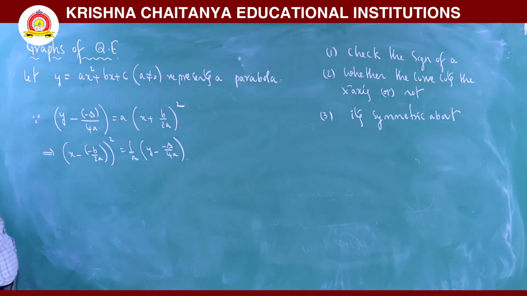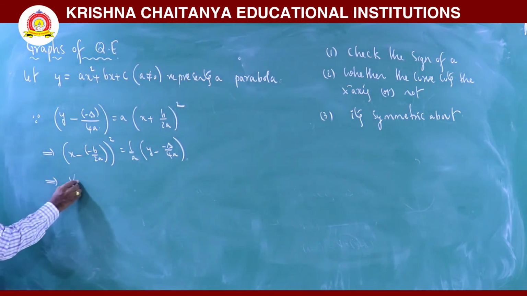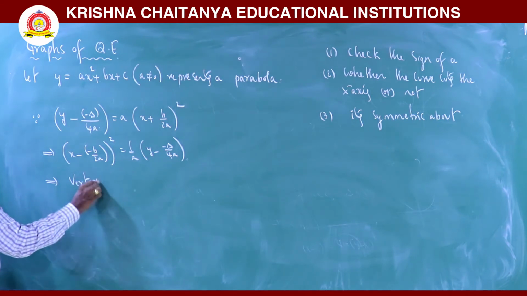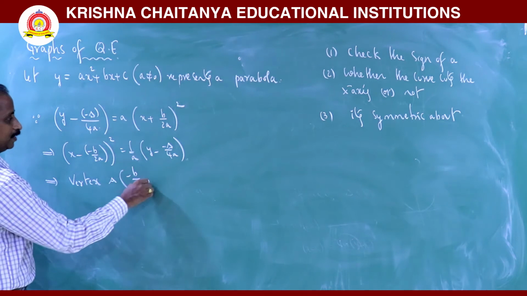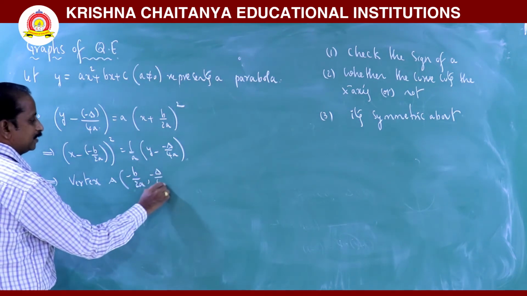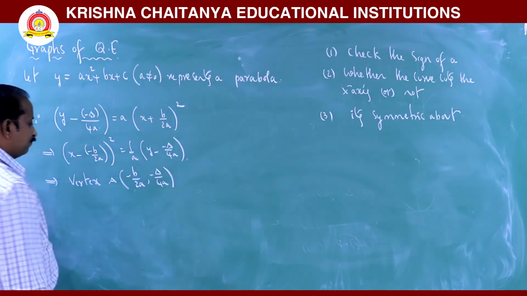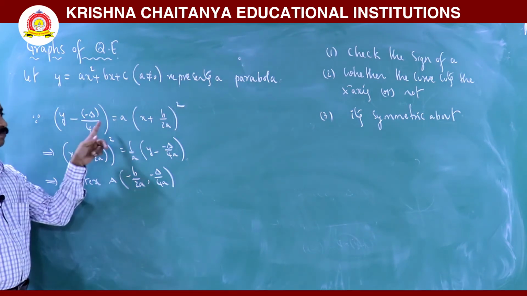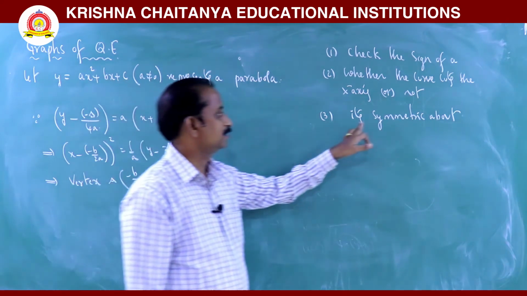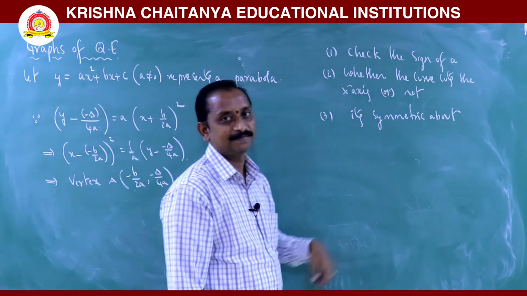So it is clear it is a parabola. Of the parabola, its vertex is capital A is equal to minus b by 2a comma minus delta by 4a. Whenever we know the vertex of the parabola, we can find the line of symmetry.